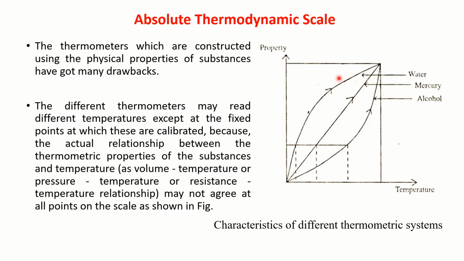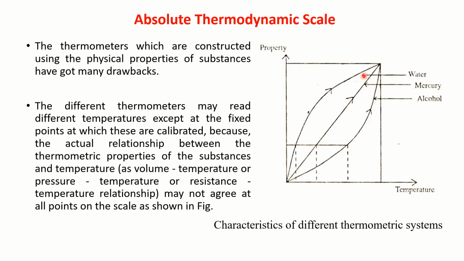So suppose, let us say, I have a glass thermometer. I might use water as a thermometric substance, or I might use mercury as the thermometric substance, or I might use alcohol.